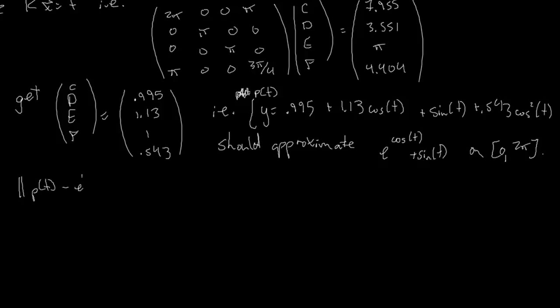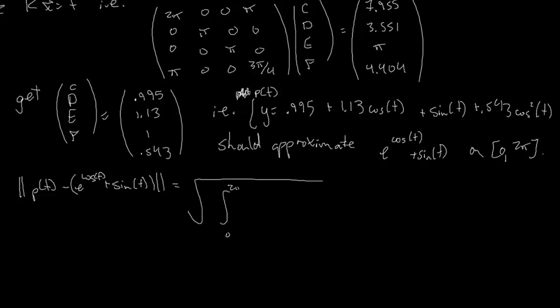And so to compute how close you got, you should take the norm of p of t minus the function you're trying to approximate. And again, to take the norm, you take the square root of an integral from 0 to 2 pi of, well, that thing squared.